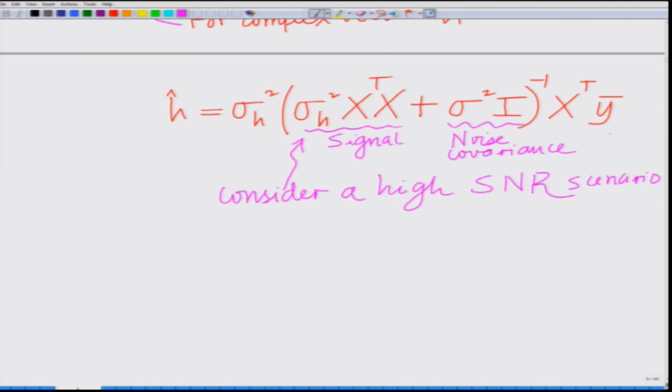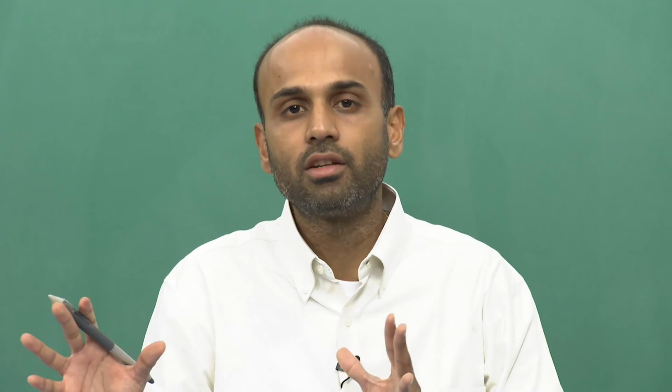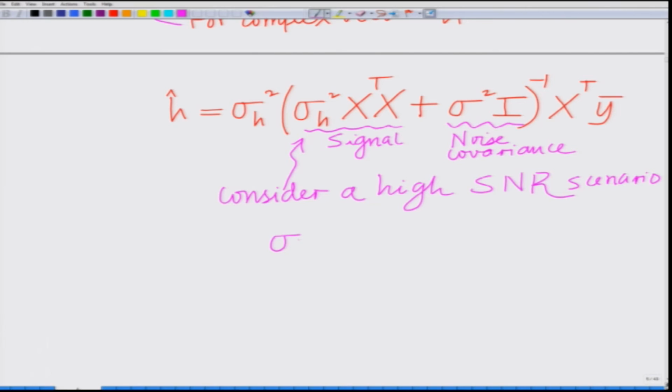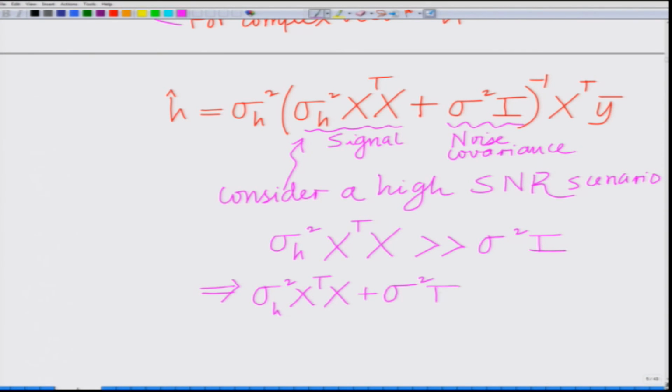In high signal to noise power ratio, the signal power or signal covariance is much stronger than the noise covariance. Therefore, what we will have is that sigma h square x transpose x will be much larger than sigma square identity, which implies that I can neglect the noise term, that is, sigma h square x transpose x plus sigma square identity is approximately equal to sigma h square x transpose x.